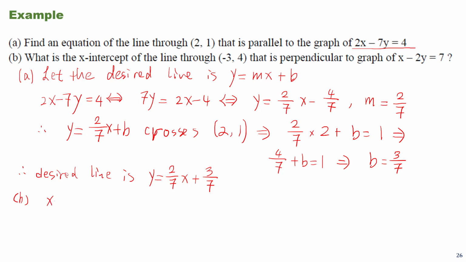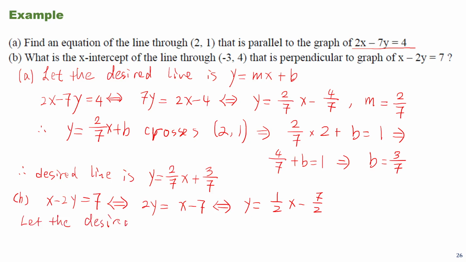So first of all, let's convert the equation of this line to slope-intercept form, which is 2y equals x minus 7, which means y equals 1/2 x minus 7/2. If you know the slope is 1/2 here, you can also directly let the desired line be y equals -2x plus b, because we know -2 times 1/2 equals -1, right?